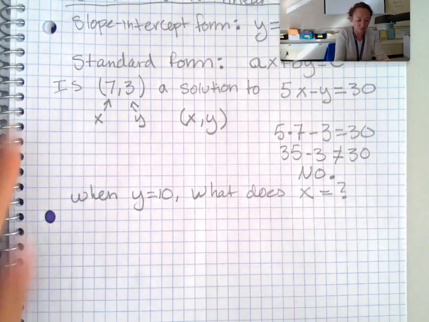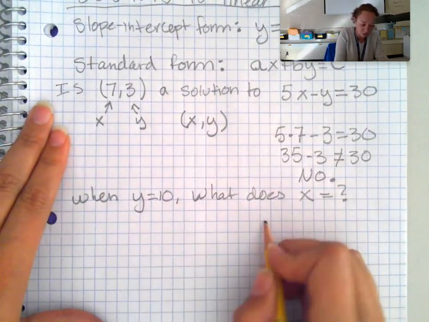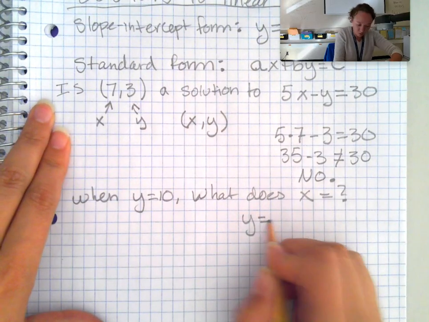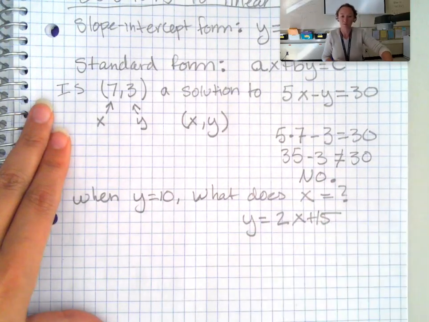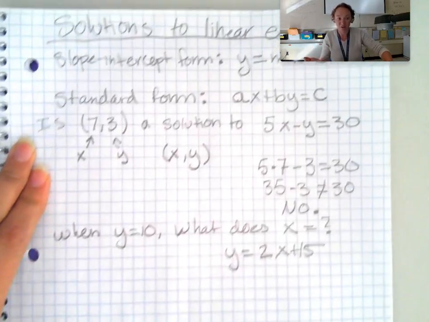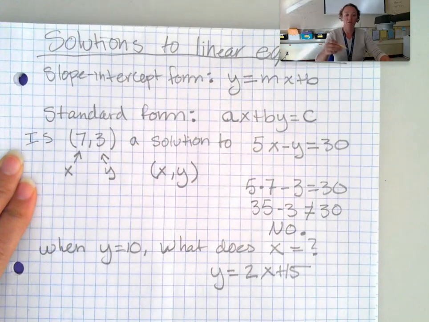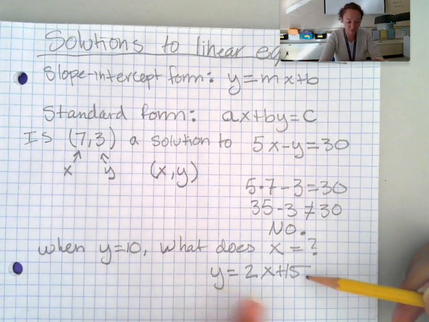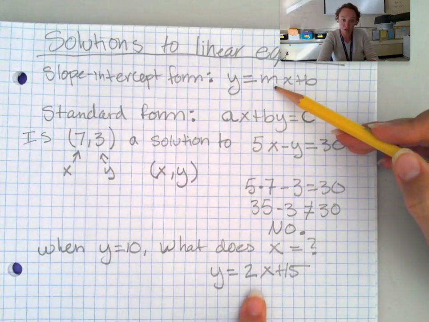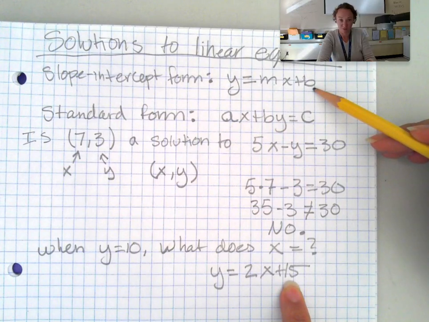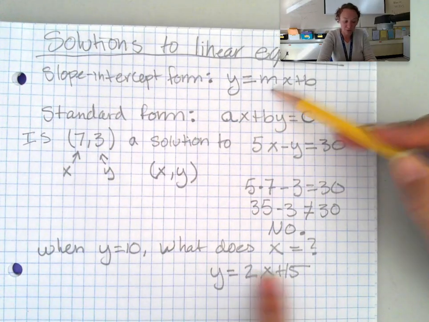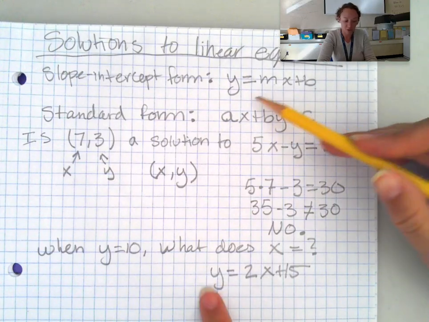So let's say we're using the equation y equals 2x plus 15. Is this one in standard form or slope-intercept form? This one is in slope-intercept form. We can see the m value, or the slope, is 2. The b value, or the y-intercept, is 15. So those are my parameters, and then my variables are x and y.